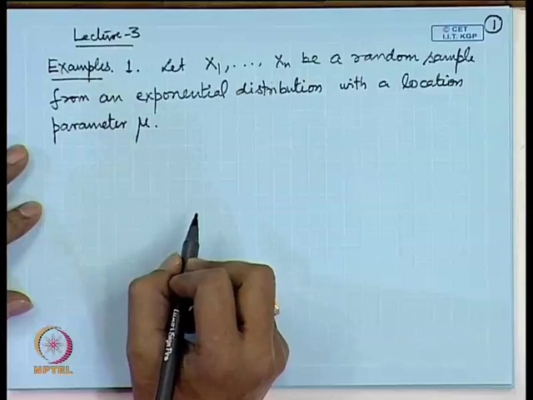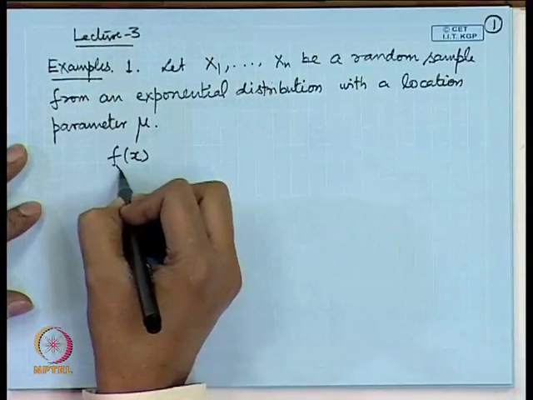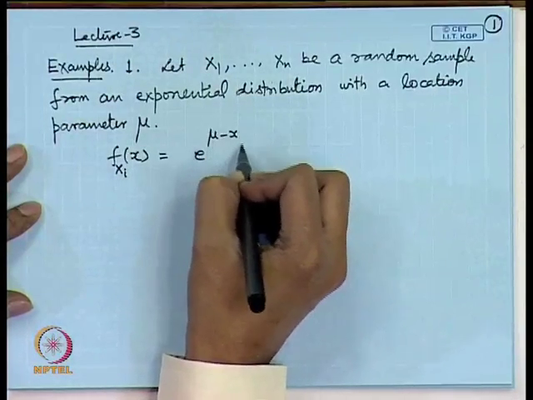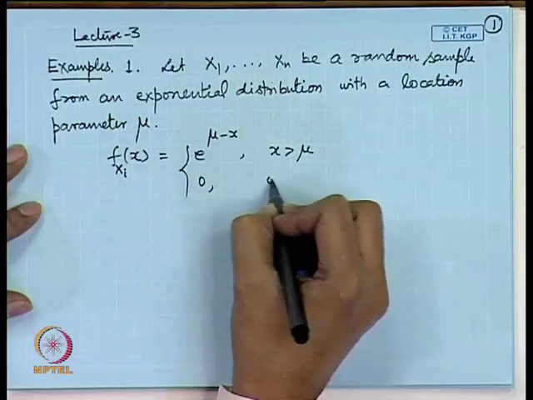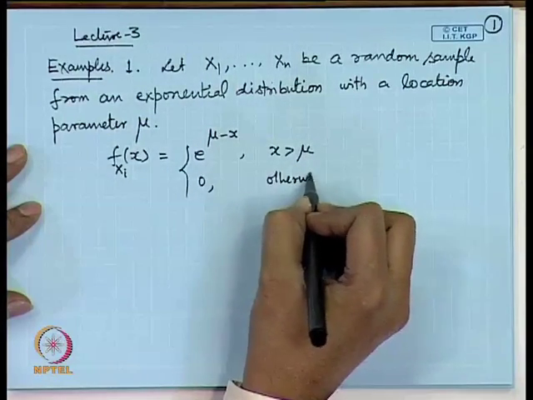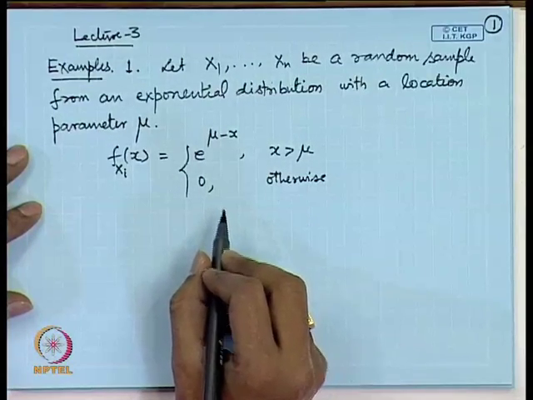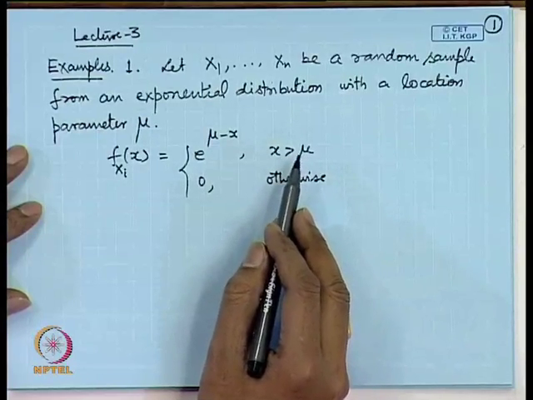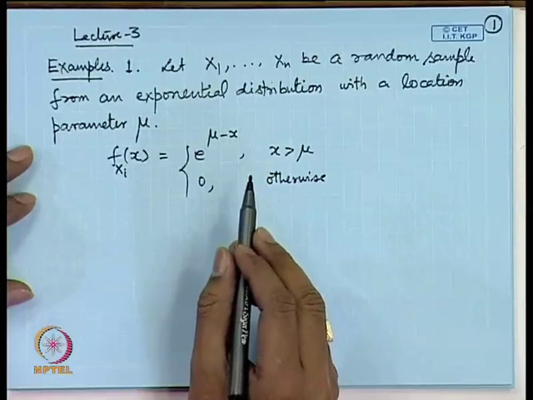That means, I am considering the density function of X_i to be e to the power mu minus x, where x is greater than mu and 0 otherwise. So, this is actually the well known shifted exponential distribution. Here mu denotes the minimum guarantee time of the component or the life.